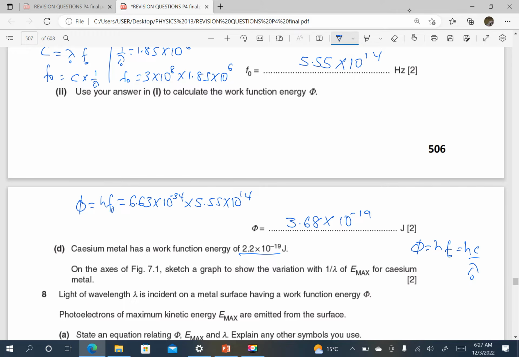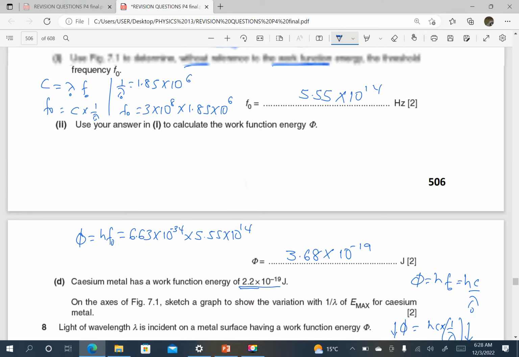So work function is equal to Hc times 1 over lambda naught. The work function energy of cesium is 2.2, it is less than 3.68. So the work function energy is smaller, it means also 1 over lambda naught must be smaller. In other words, the x-intercept must be a smaller value.